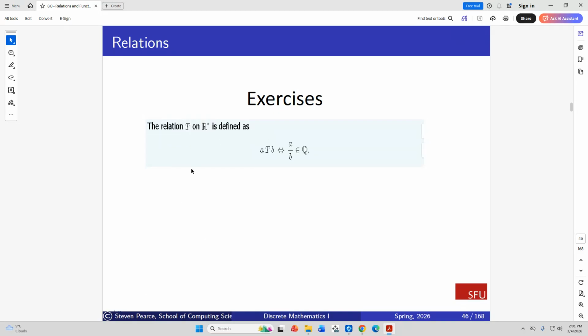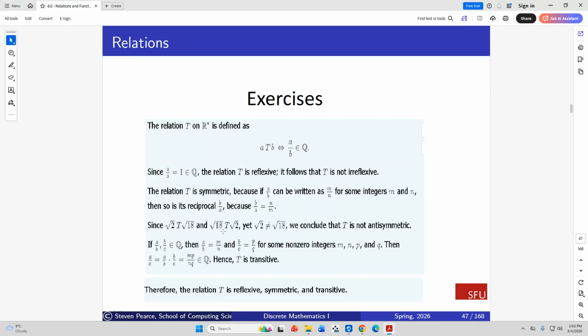All right, after that. The relation T on R star is defined as a T b, logically equivalent to a over b is in the set of rational numbers. So a over a equals 1, which is in the set of rational numbers. The relation T is reflexive. It follows that T is not irreflexive.